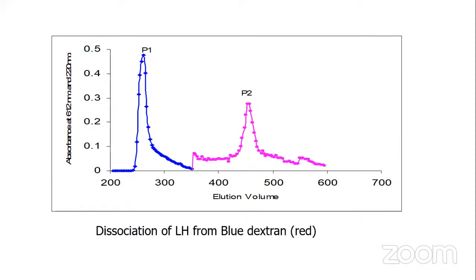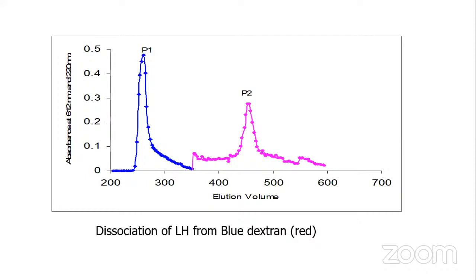And people have used this blue dextran to determine the void volume in general gel chromatography. What we did was, we made an observation that luteinizing hormone has a great affinity for this textile dye, Cibacron blue.